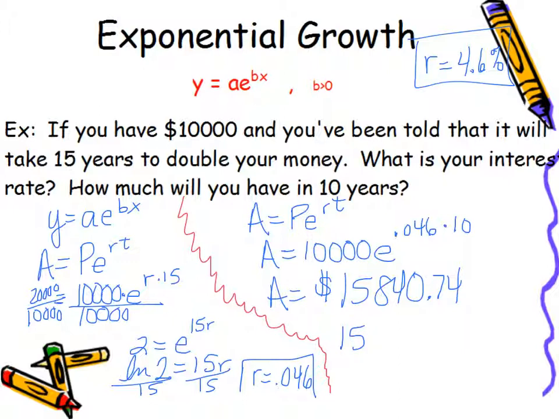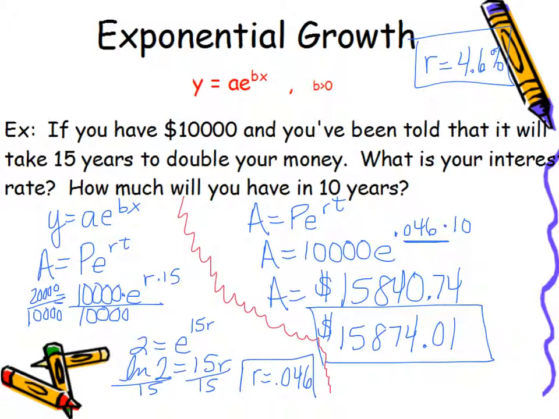So that's $15,874.01. That's quite a bit of difference. You're talking $34 of difference on that. And so, like I said, every little decimal place is important. So I really would prefer you keep that full value and go with your 15,874 number. Okay, you can write it as 0.046, but keep the full value as you do your calculations.